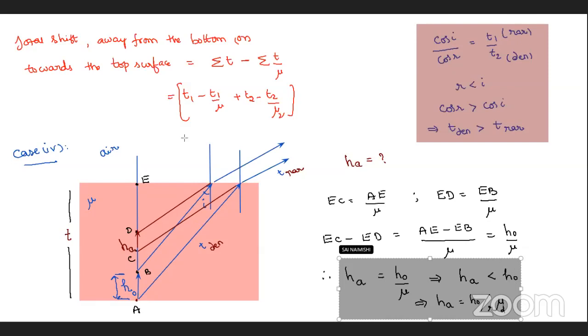Then next model: if I take the object perpendicular to the bottom, means along the normal. Suppose I take the object parallel to the surface, that is perpendicular to the normal. Means if I take the object like this.